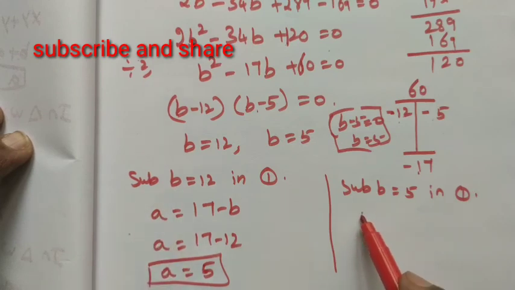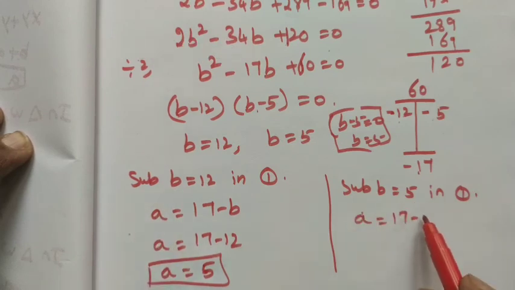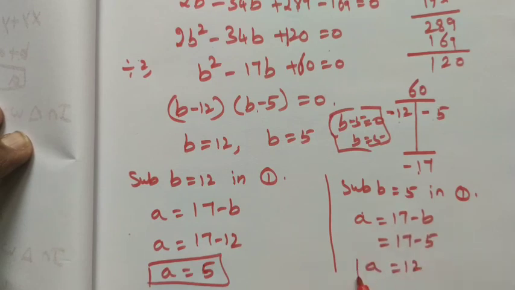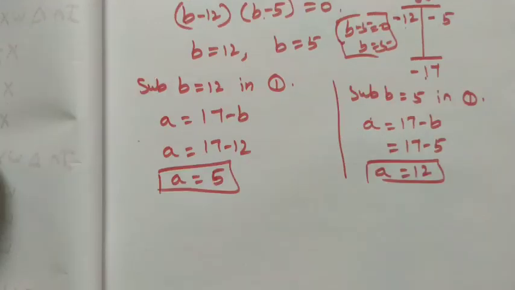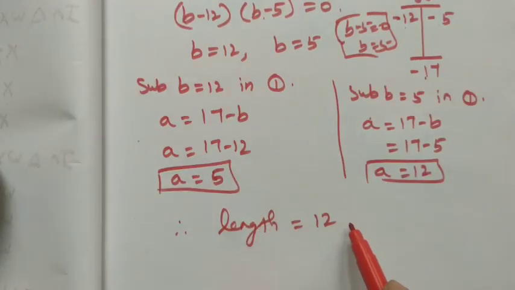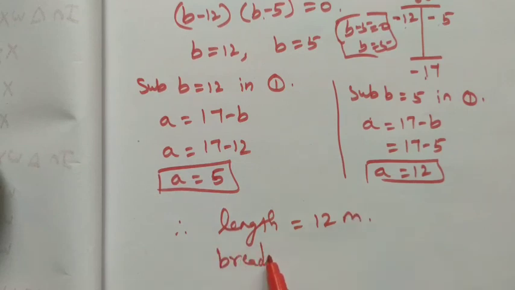And then A is equal to 17 minus 5, that is A is equal to 12, when B is equal to 5. That is the length and the breadth of the rectangle. The length is equal to 12 meters and breadth equal to 5 meters. Thank you, students.